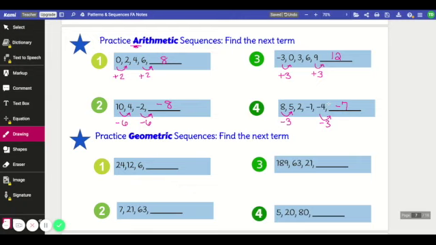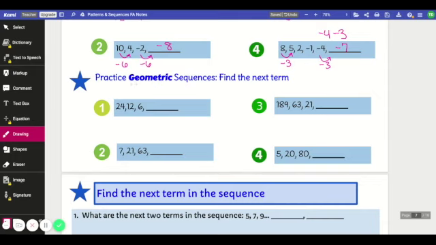Okay, and if you are uncertain about negative 4 minus 3, and you need a refresher on adding and subtracting positives and negatives, let me know if you need the rules for that to go over.